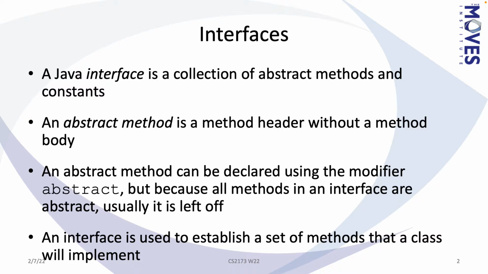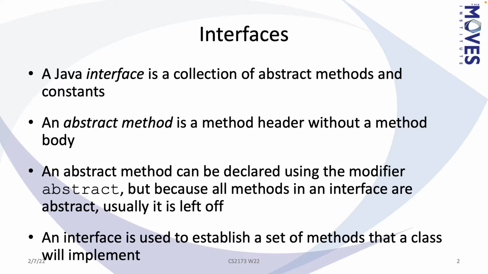Without interfaces, you have to do both. Without interfaces, the interface of an object or the interface for a class that's defined in general are the public methods, the things that you can make the thing do, the things you can invoke on it.